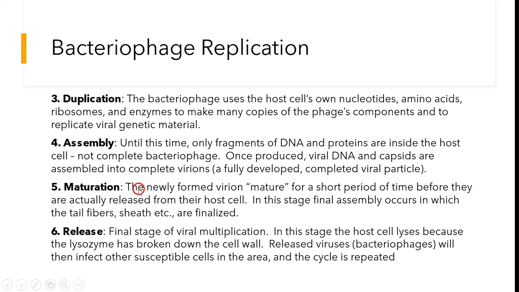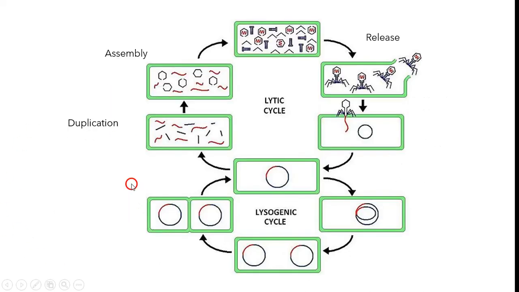So let's look at these 4 steps in a little bit more detail. So here's the viral DNA. First thing it's going to do is come through here, and notice it's duplicating. It's taking over the bacterial mechanisms, and it's making more proteins, and it's going to duplicate its genetic material. Then it's going to assemble, and when it assembles, it's actually putting the genetic material inside the protein capsid, and it's forming the nucleocapsid.